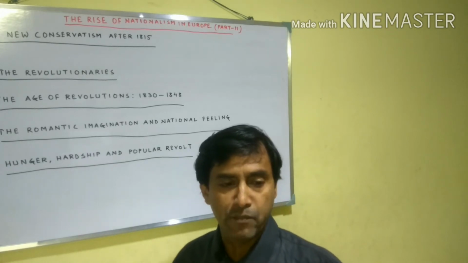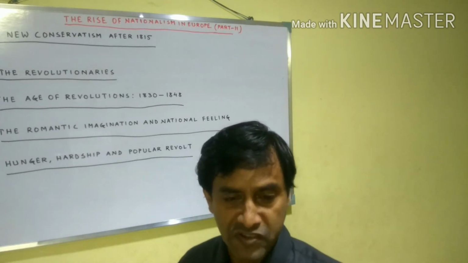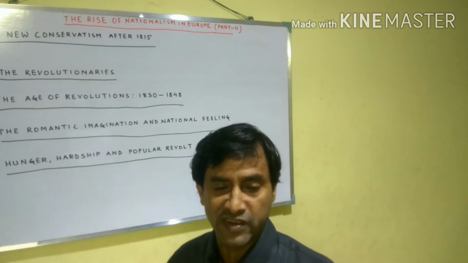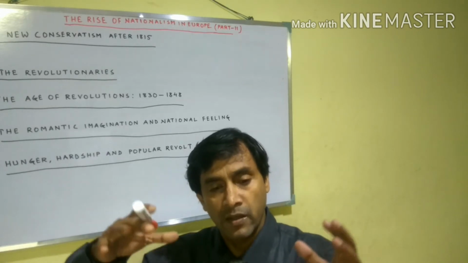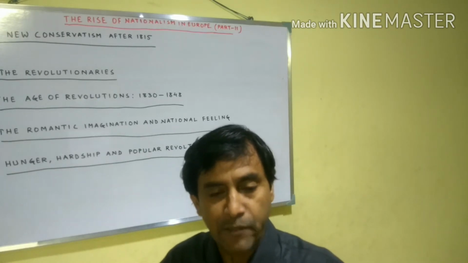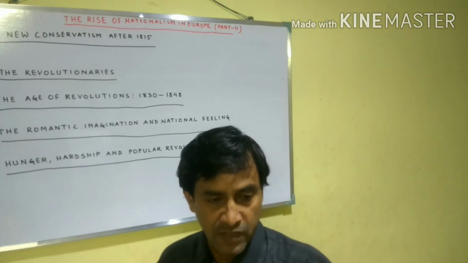Prussia was given important new territories on its western frontiers, while Austria was given control of northern Italy. In this way, the picture of Europe changed after Napoleon. That is the 1815 Vienna Treaty.